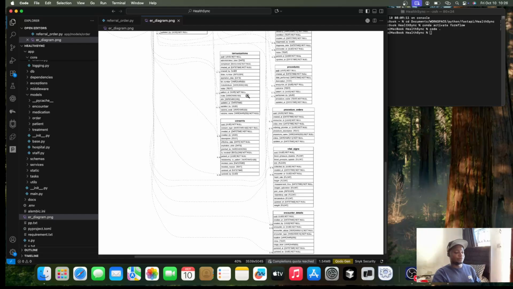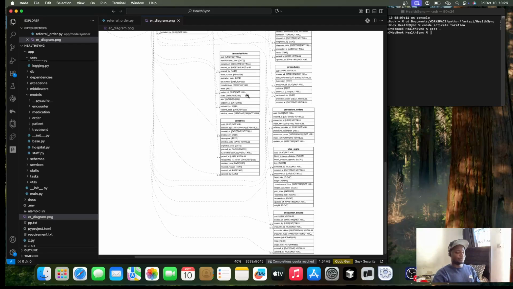Then the next one will be setting up the API gateway and implementing authentication and authorization, adding asynchronous tasks and background workers, integrating tenant aware routing and rate limiting, testing, monitoring, and deployment. And that's just the brief of the project in general.